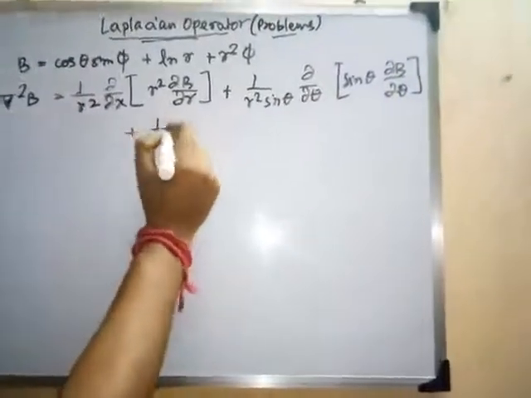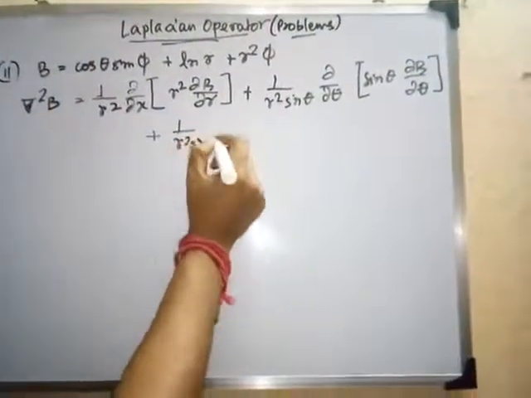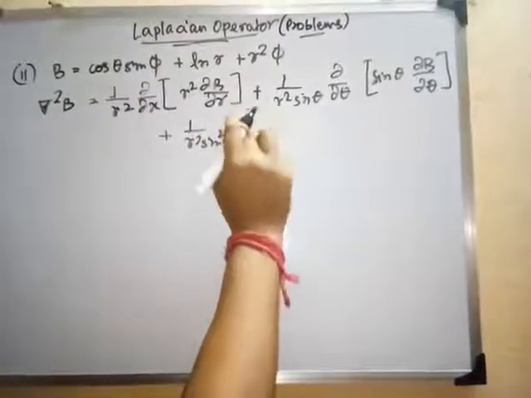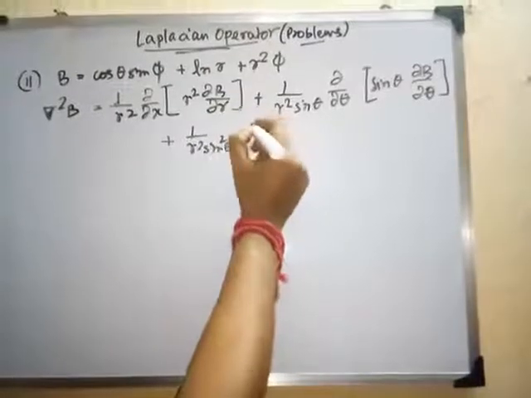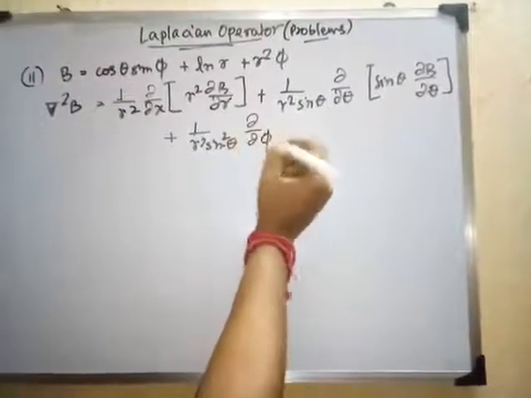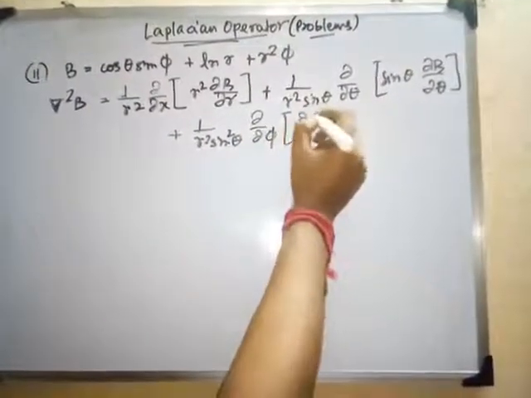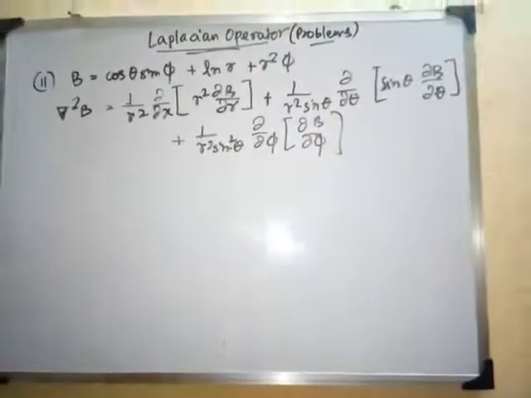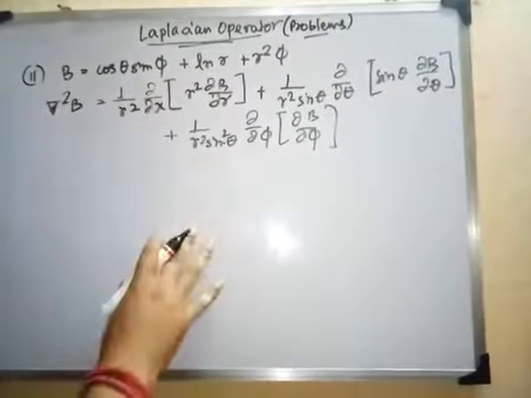Plus 1 by r square sin square theta, again del phi of del B del phi. So this is the representation of the function in the spherical coordinate system.